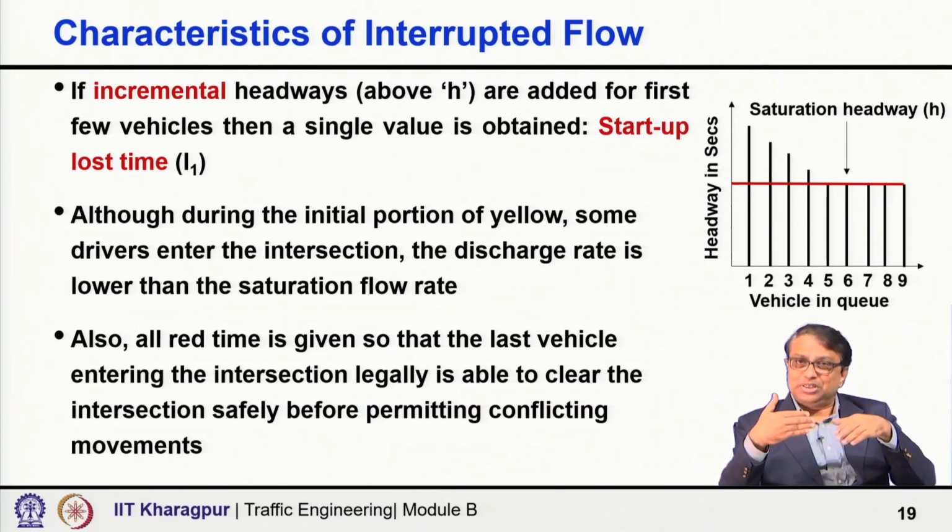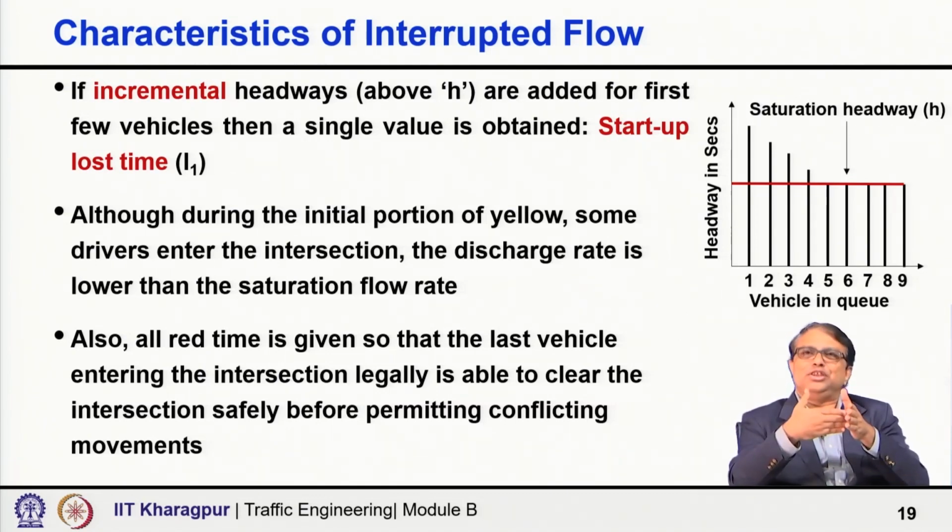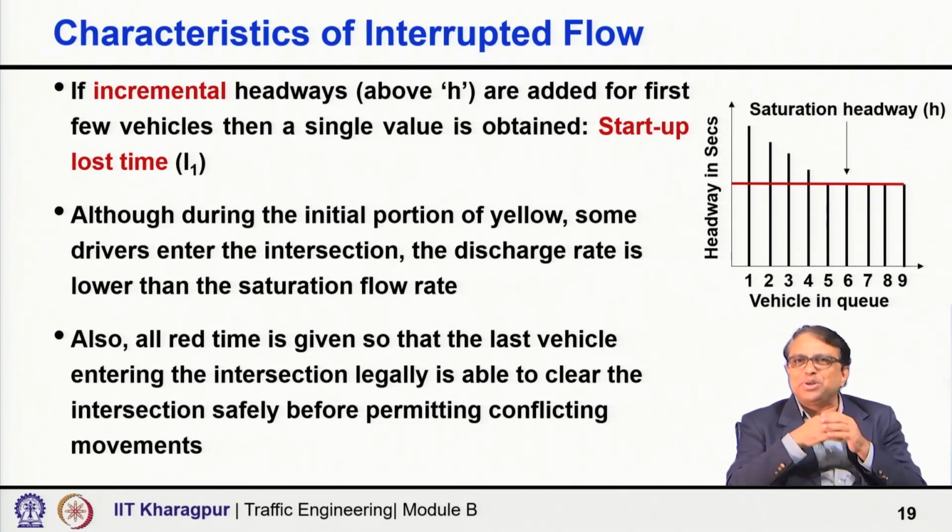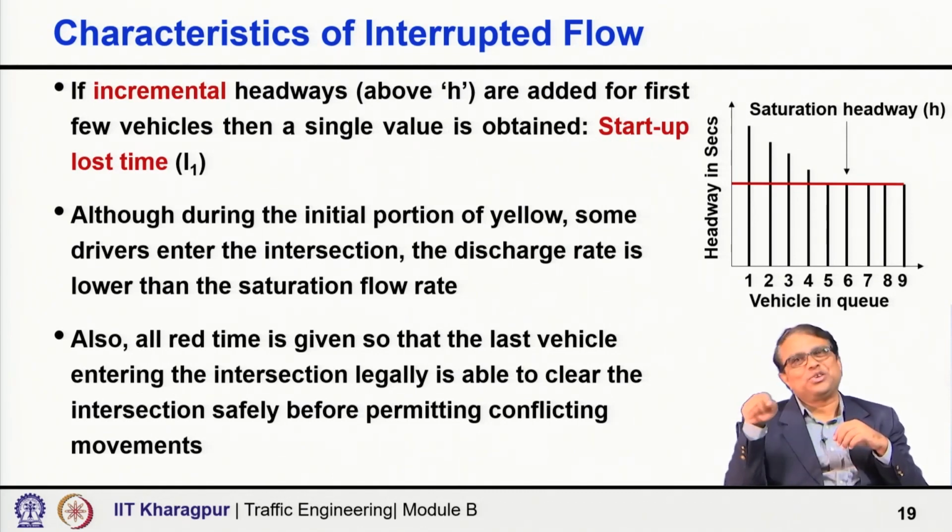The last vehicle which entered legally, before it clears the intersection, a conflicting vehicle will come and a crash may occur. So, you need to insert something called all red. Here it is red, conflicting movement also is red. And how much red do we give? We give that much red which should be adequate for the last vehicle which has entered legally in the intersection to be able to clear.